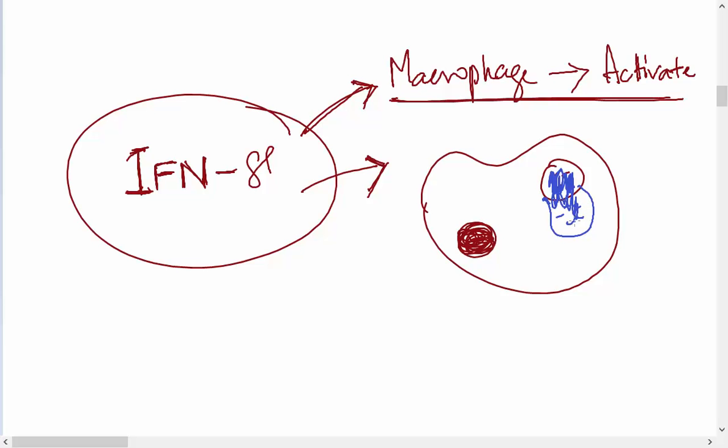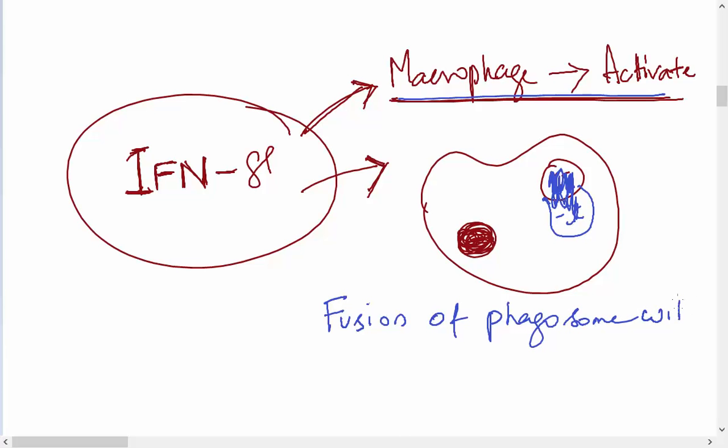So first thing they do is they bring the macrophage and activate them, and the next process is they make the fusion of phagosome with the lysosome. You understand, this is a very important process. If there is any problem in this process, they cannot kill the mycobacterium.